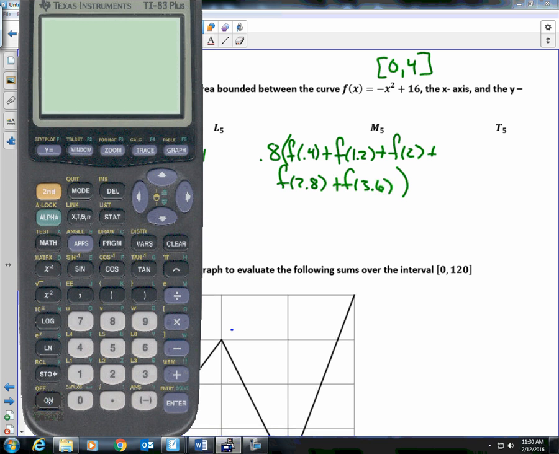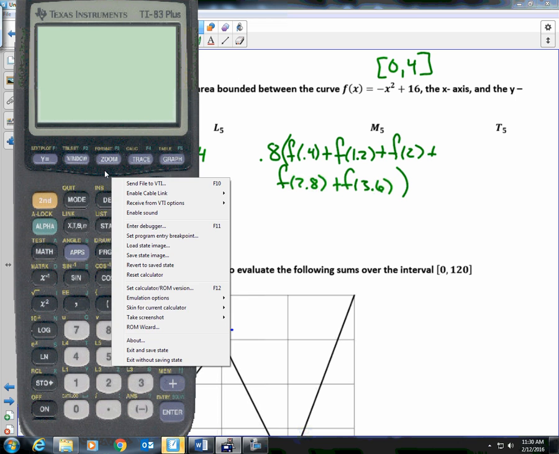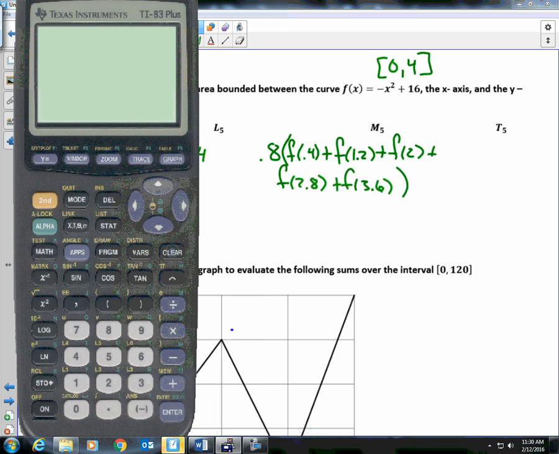Put my calculator on. You guys are probably able to do this quicker than I can. Y equals negative x squared plus 16. That's my y equals, and then I go to table set, ask.